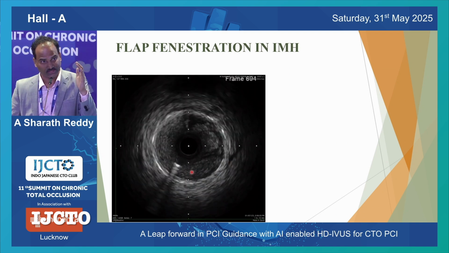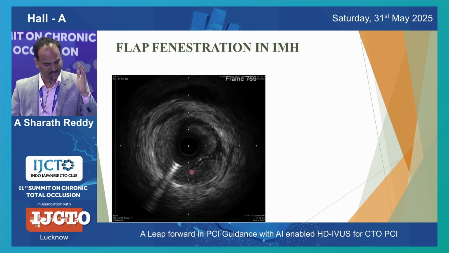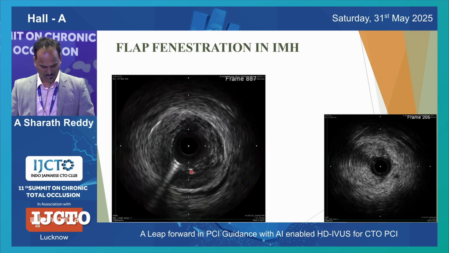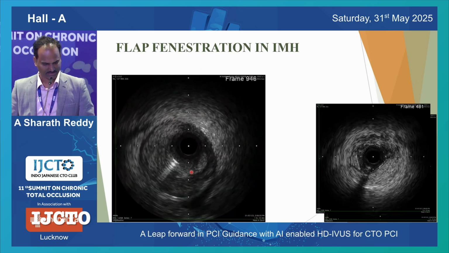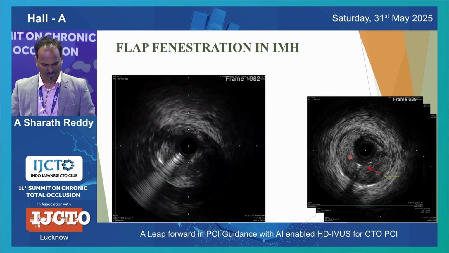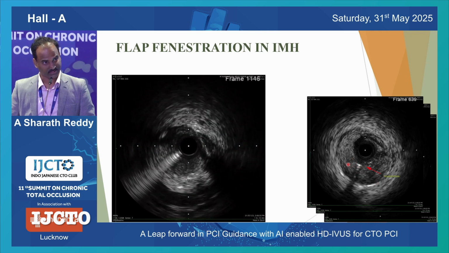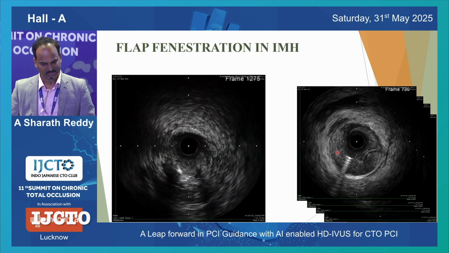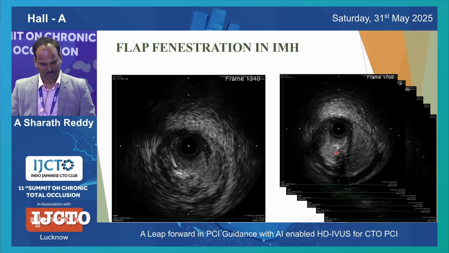So you can make out fenestrations much more easily in HD, which makes you more comfortable in going to your next strategy, that is stenting. So once that is done, you can see this is the flap, and this is where the fenestration is. Discontinuity in the flap is clearly visible.